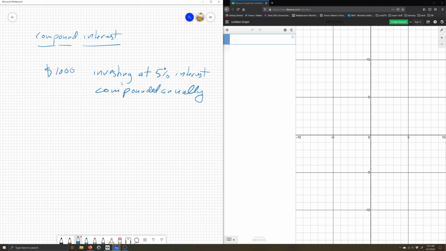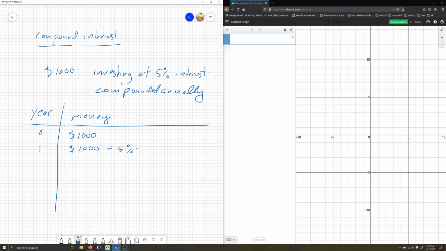Then that means in year zero, we have $1,000. And then in year one, you get $1,000 plus 5% times $1,000. And 5% of $1,000 is $50.